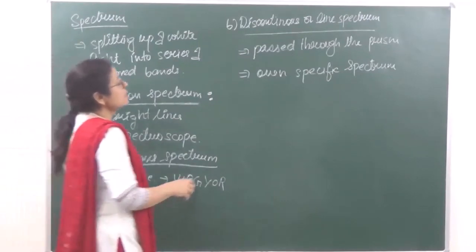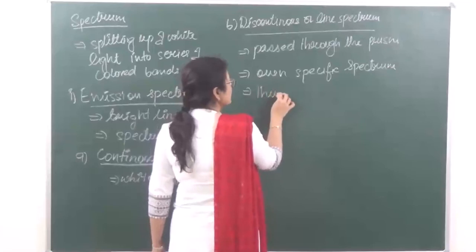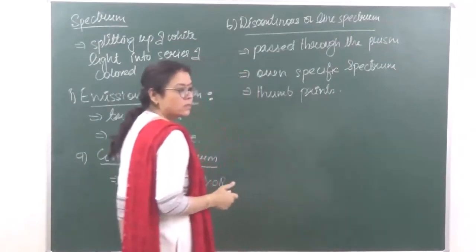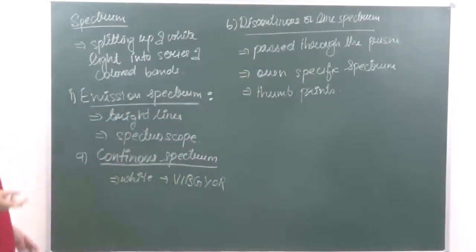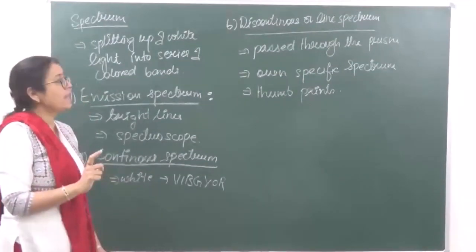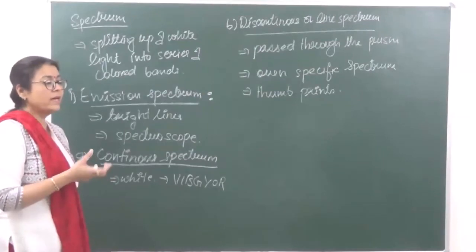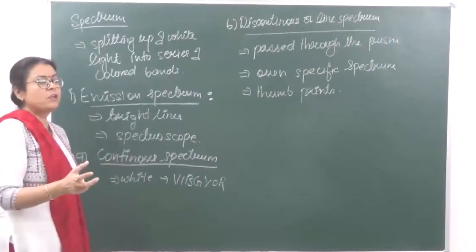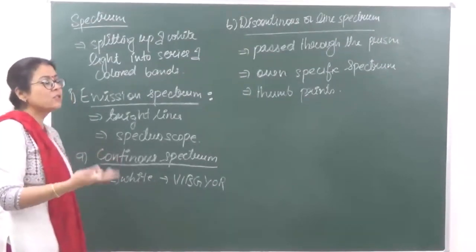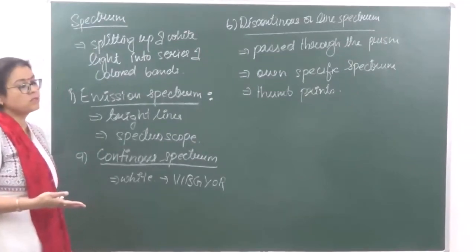That is the reason why these are also known as thumbprints of every atom, because every atom has its own spectrum, and by analyzing the spectrum we can qualitatively analyze what the atom is. Sodium is going to give us a different spectrum. When we are talking of helium, it is going to give us a different spectrum, or say lithium, that is going to give us a different spectrum. So every atom gives a different spectrum.